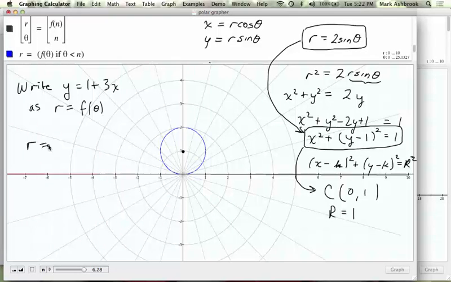Meaning r equals an expression with thetas in it. So this is going the other way. So you gotta know the relationships between rectangular and polar coordinates and be good at algebra.